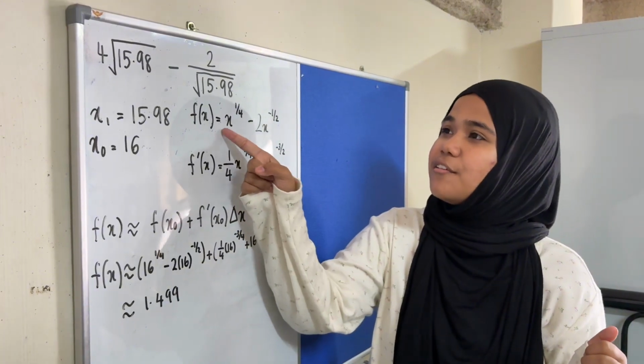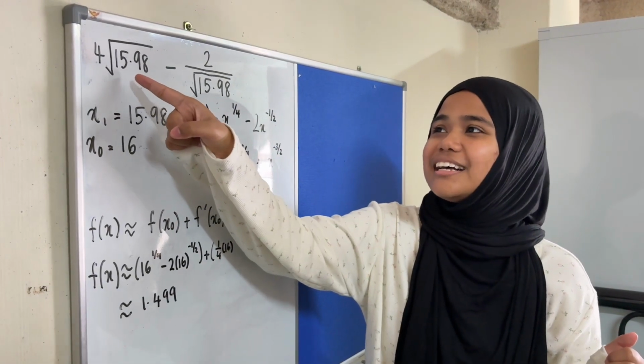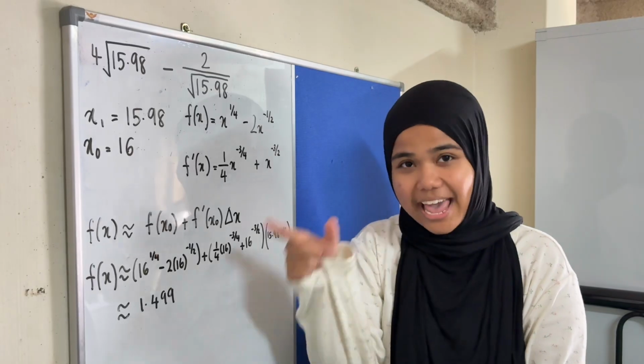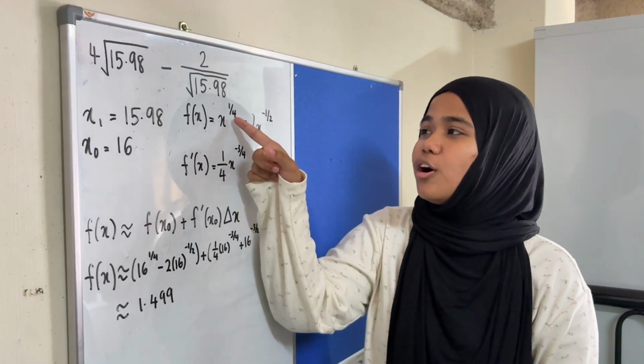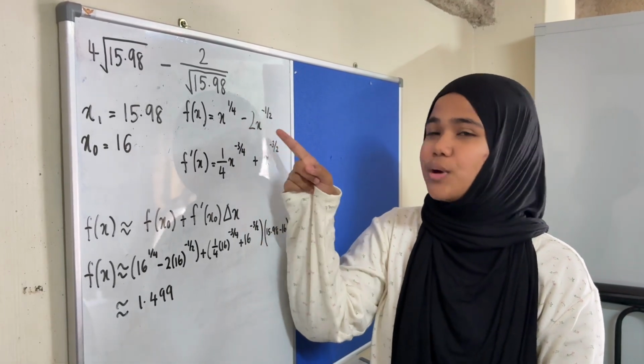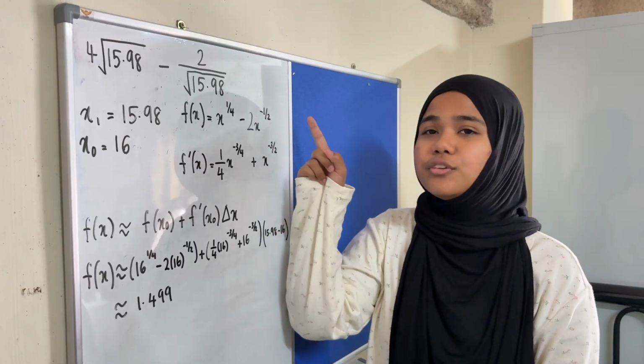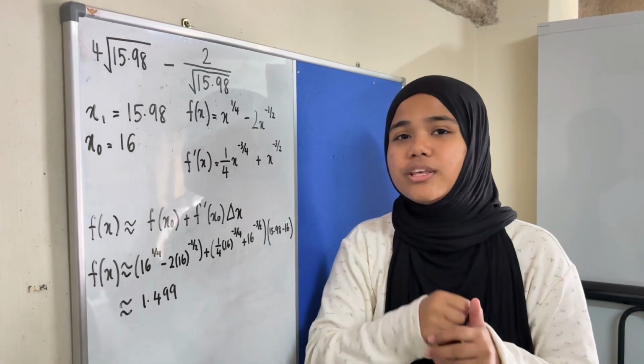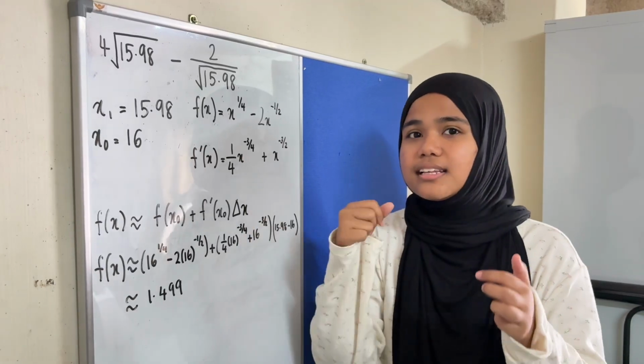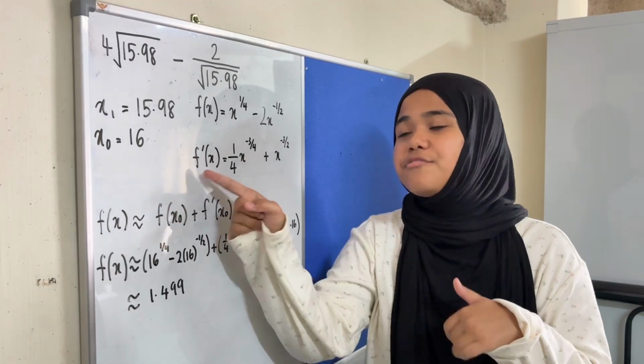And then we find f(x). f(x) is from this, substitute 15.98 as x. So x to the power of 1 over 4 minus 2x to the power of negative 1 over 2. And then we differentiate f(x), so it is called f prime(x).